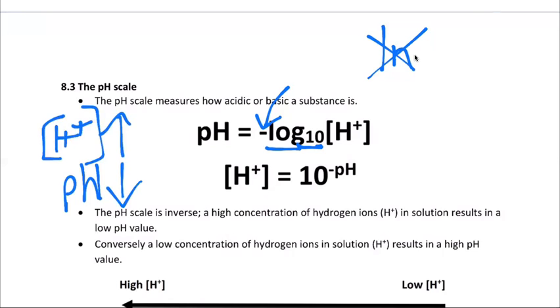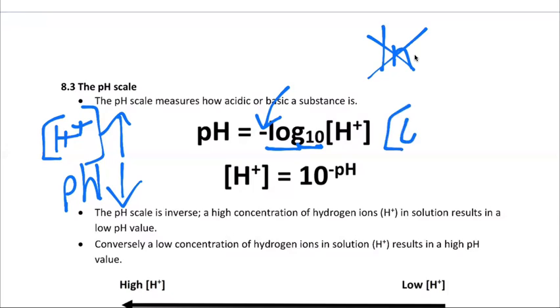So high concentrations of hydrogen ions in a solution make your pH very low. That's why we typically say that things that have very low pHs are acidic, because acids have high concentrations of hydrogen ions. That's what makes them an acid, is that they give off or produce hydrogen ions when they're dissolved in water. Conversely, if you have a low concentration of hydrogen ions, that's going to be a high pH value.